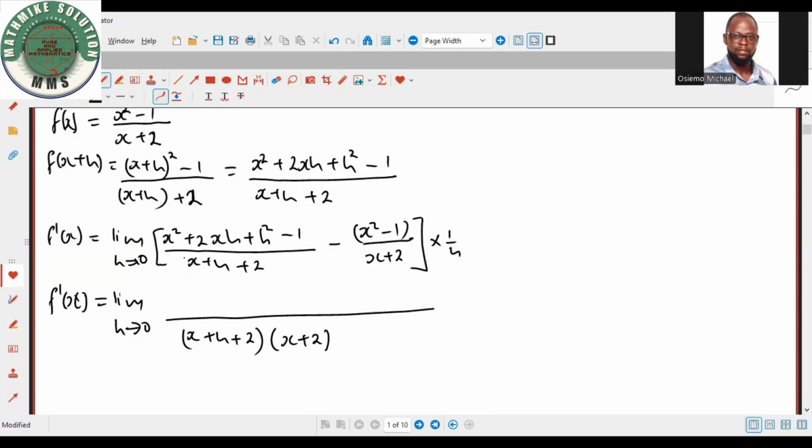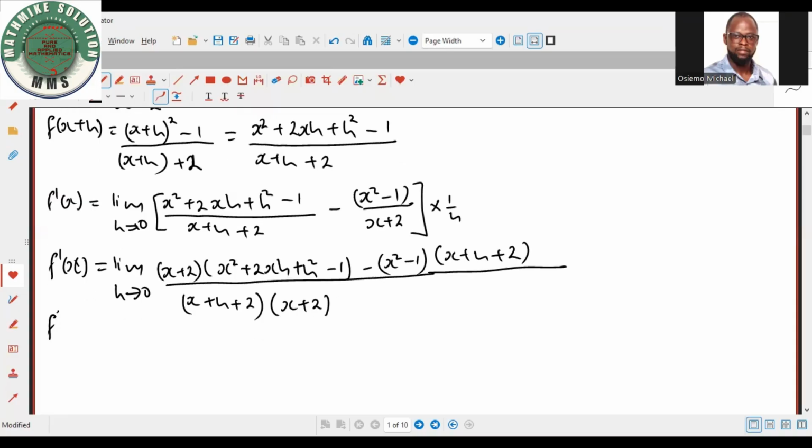If you take this LCM divided by this denominator, we remain with x plus 2, and we multiply by x squared plus 2xh plus h squared minus 1, then minus x squared minus 1. If you take this LCM divided by that denominator, you have, in brackets, x plus h plus 2. So let us expand this bracket.